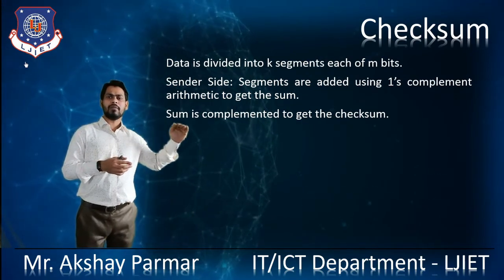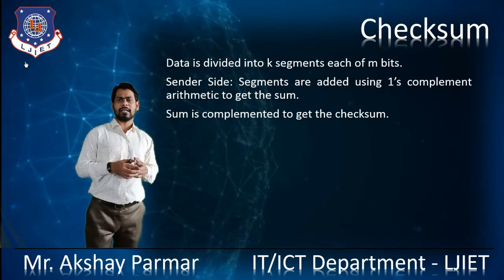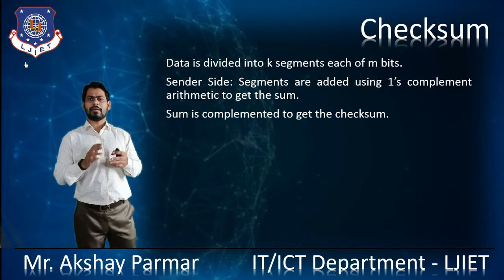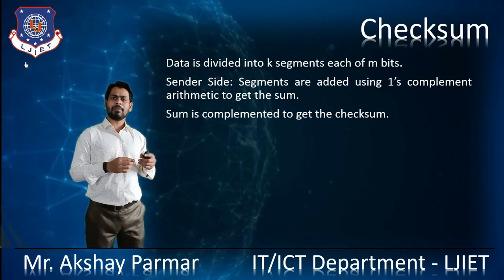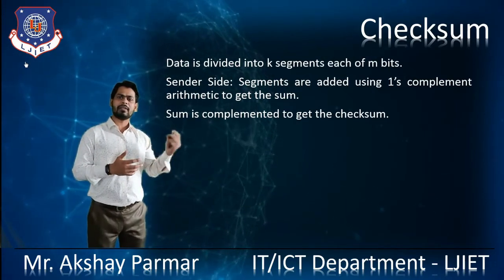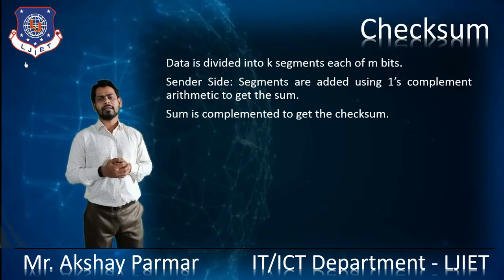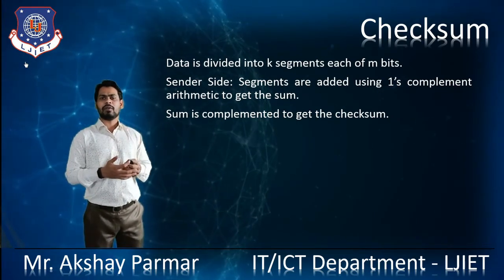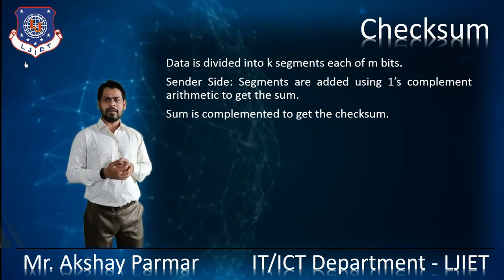So our whole data segments are added using ones complement, by that we get the sum, and by complementing that sum we get the checksum. That's how at the sender side we get a checksum.